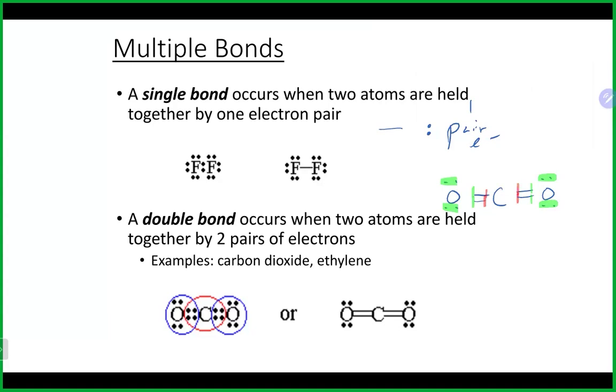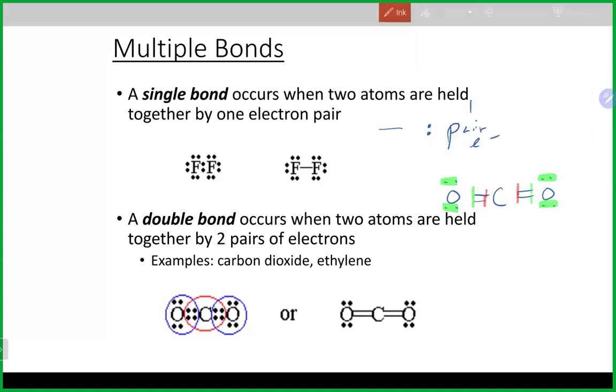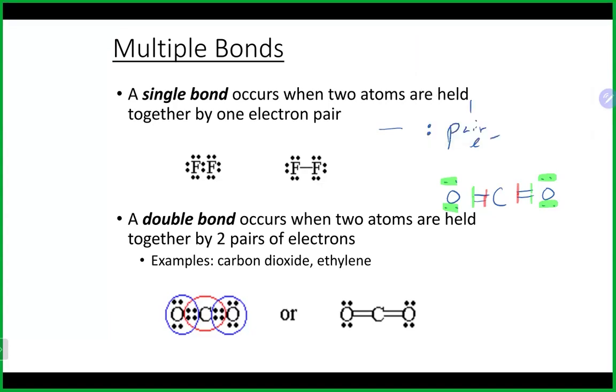So in this case, in order for carbon to actually be happy and get itself to 8 electrons, it needs a couple of double bonds. And that's sometimes the case. Sometimes 1 double bond will be sufficient, but sometimes you may need 2 to get yourself there. Again, a double bond is 2 lines representing 4 total electrons, or 2 pairs of electrons.